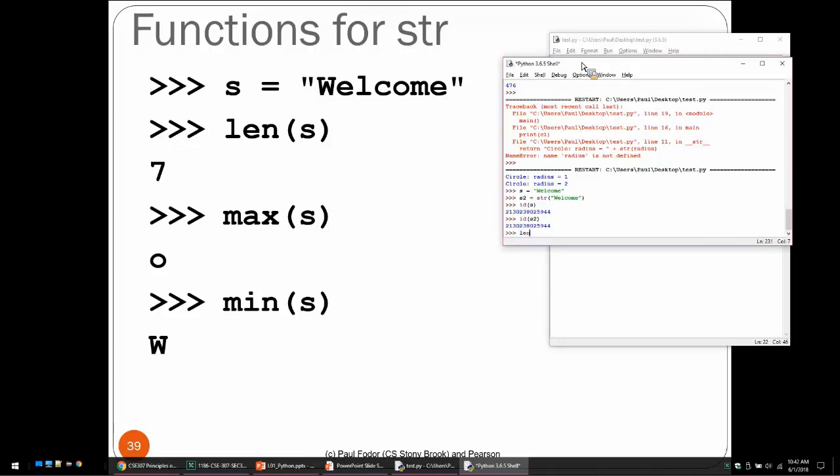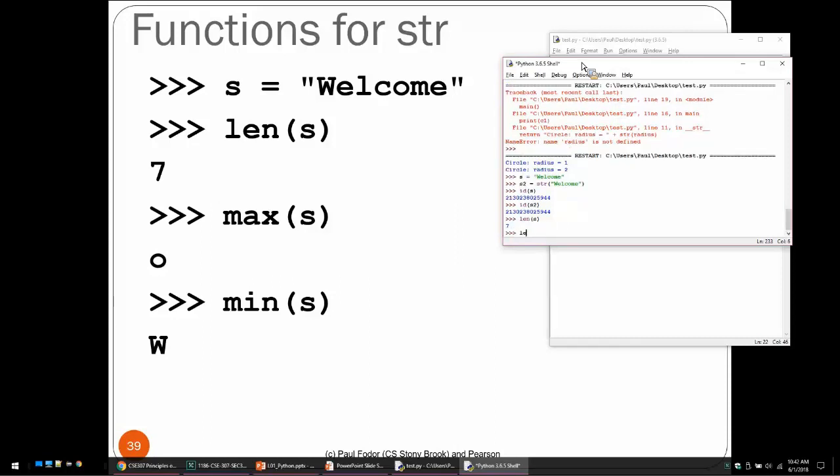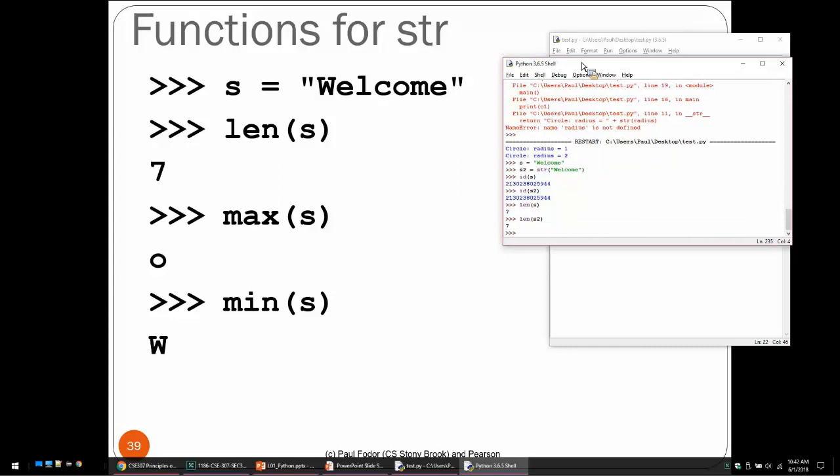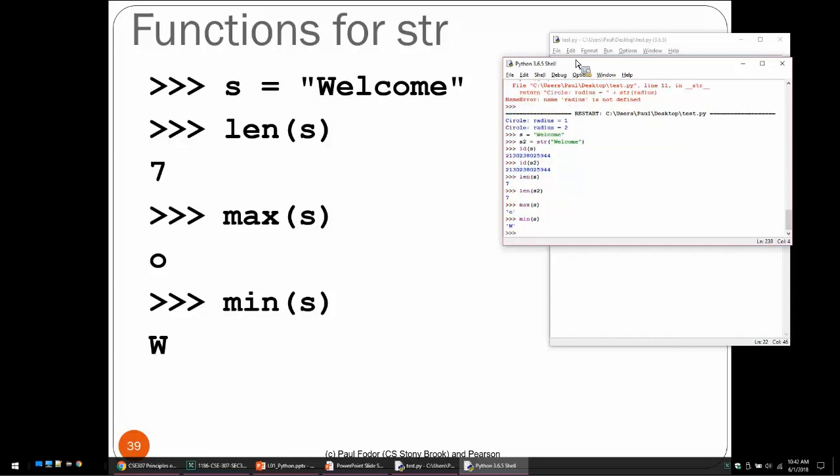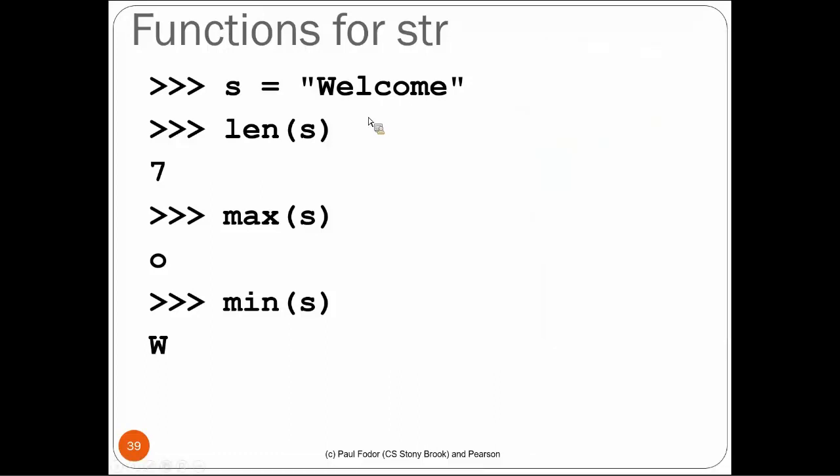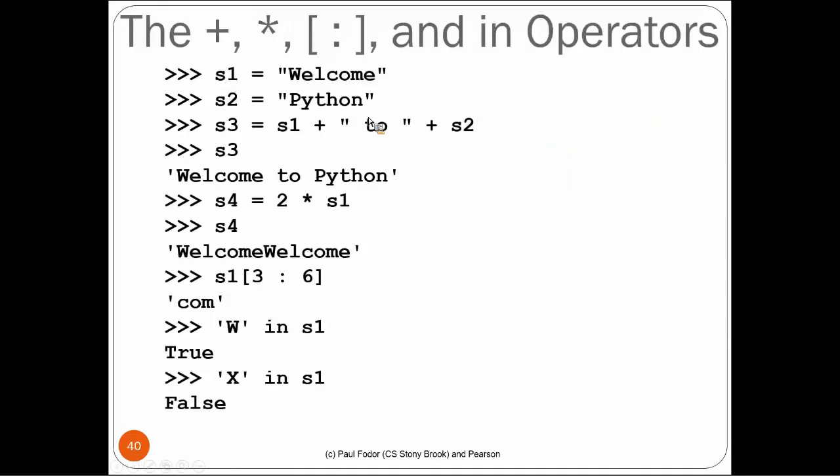Now the length of S is the same with the length of S2. They are basically the same object internally, and they are the number of letters in those strings. The maximum of S is O. The minimum of S is W, because uppercase letters are before lowercase letters.